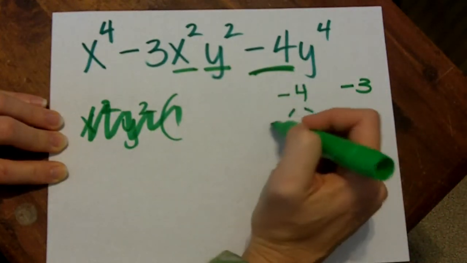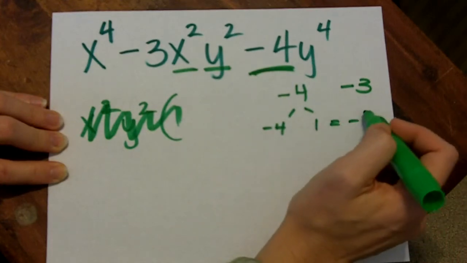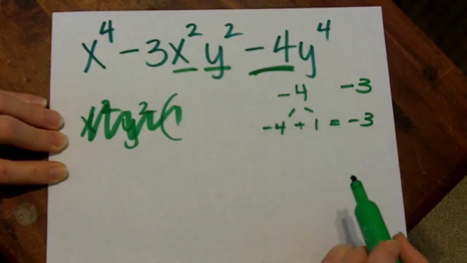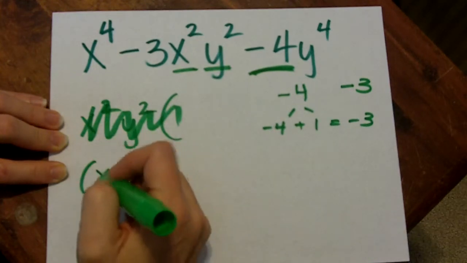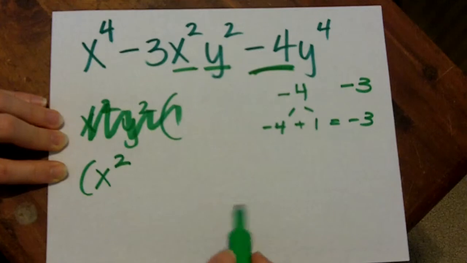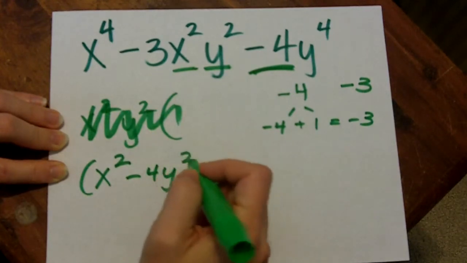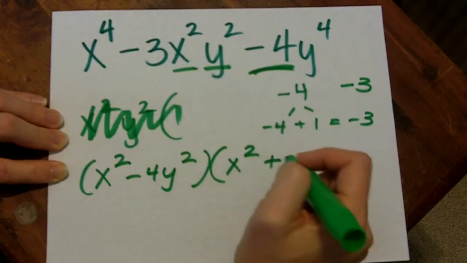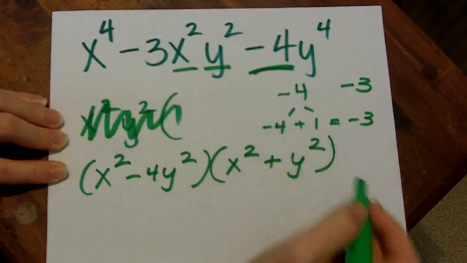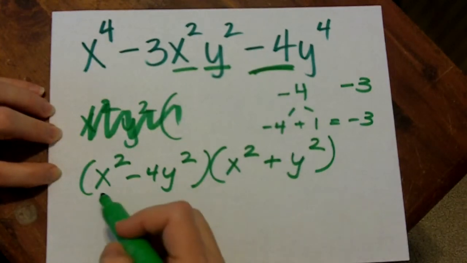Well, we can obviously do negative 4 and positive 1, and they do add up to negative 3. So we can simply do x squared minus 4y squared, and x squared plus y squared, or 1y squared, if that makes you feel better. And that should give us what we want.